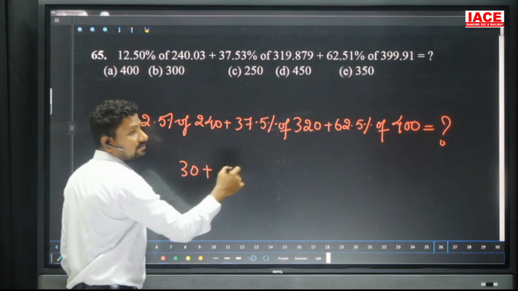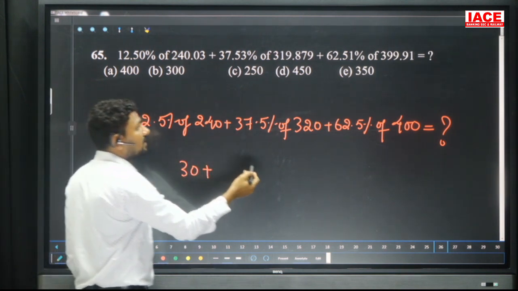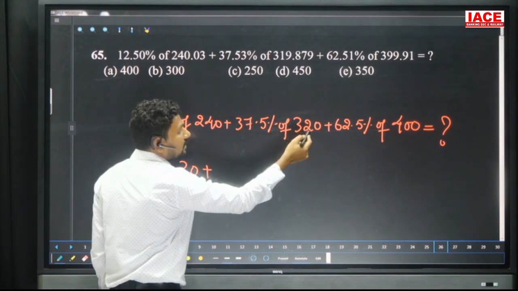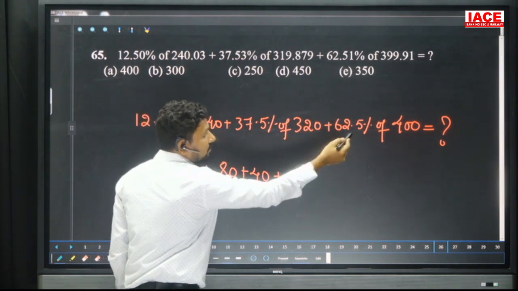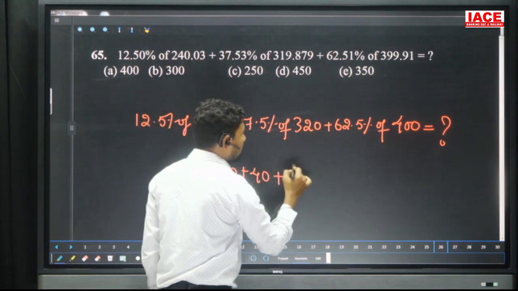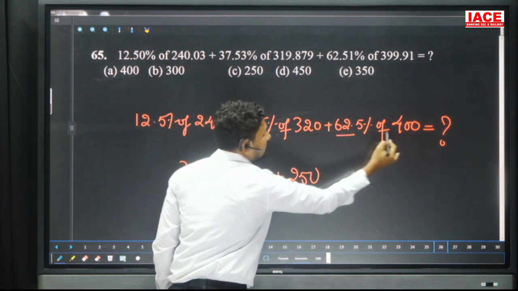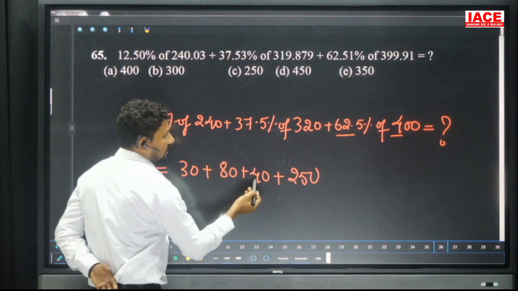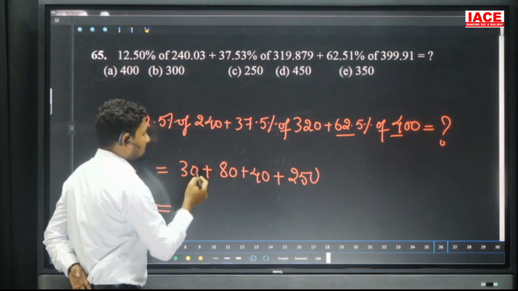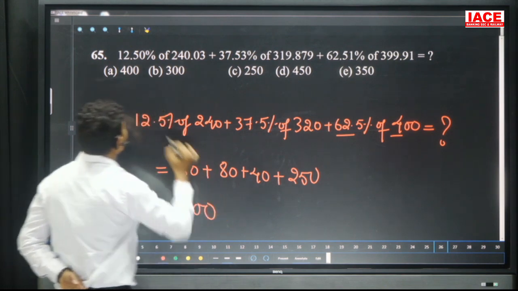And 37.5 percentage we are writing 25 percentage plus 12.5 percentage. 25 percentage of 320 is 80. 80 half value is 40. And 62.5 double value is 125, 125 double value is 250. Now all are added: 250 plus 40, 290, 290 plus 80, 370, 370 plus 30, 400. Our option is A.